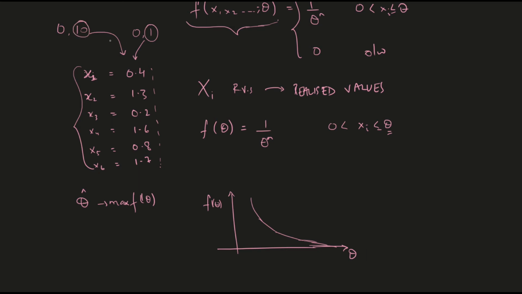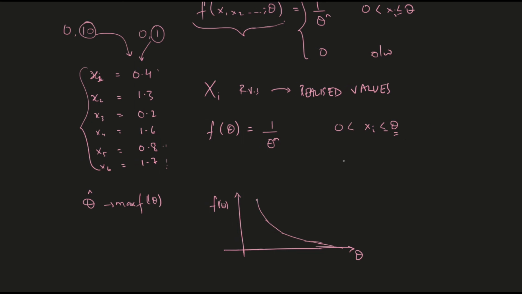So this endpoint, this theta, must be greater than the maximum of what I've observed. So theta must be greater than or equal to the maximum of all the realized values. Not the maximum of all the random variables, but the maximum of all the realized values. So theta has a lower limit.